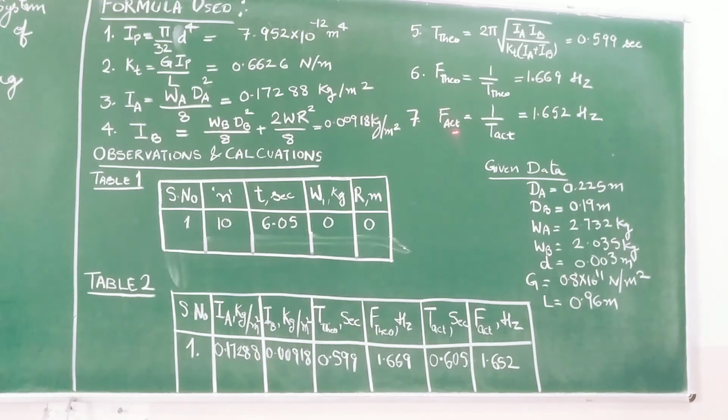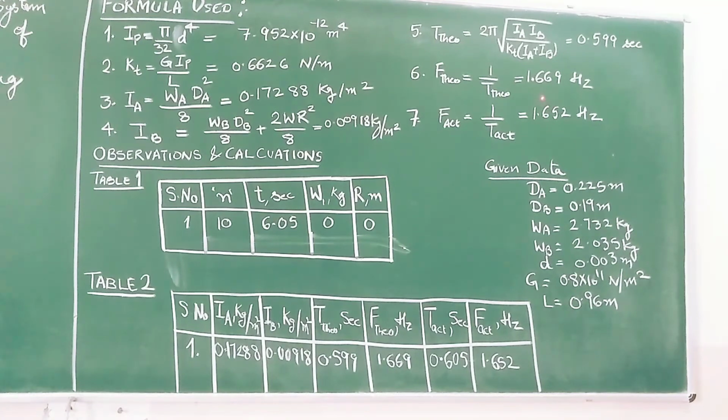Now this is the actual frequency. The actual frequency we have calculated from the actual time period, that is the experimental time period. The experimental time period is 0.605. By dividing 1 by it, we get 1.652 Hertz. So these are the frequencies F theoretical and F actual we have calculated. See here, F theoretical and F actual are nearly equal.